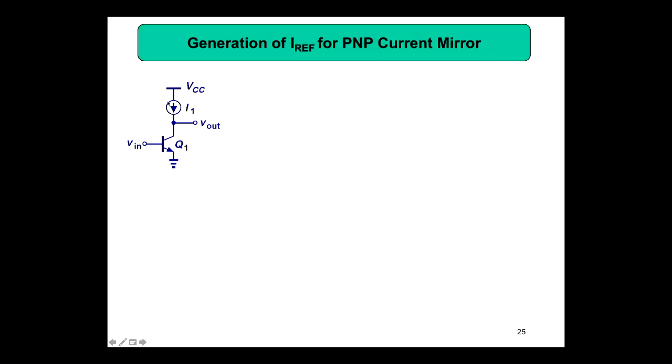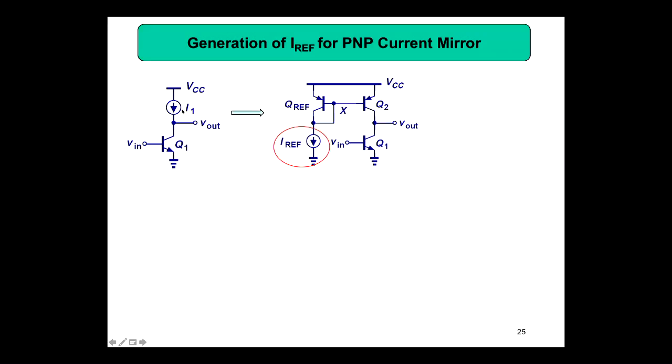Then your load resistance is replaced with a current source in order to increase the gain. In that case, this is from VCC to a point. So what transistor do we need here? Definitely we need a PNP. So when you need a PNP, we will be connecting a PNP here.